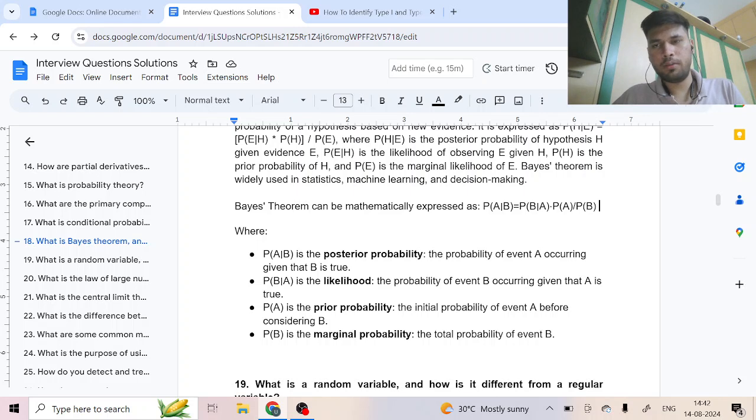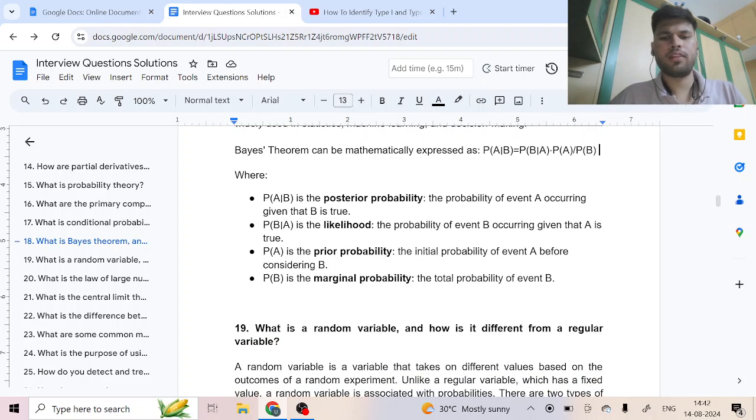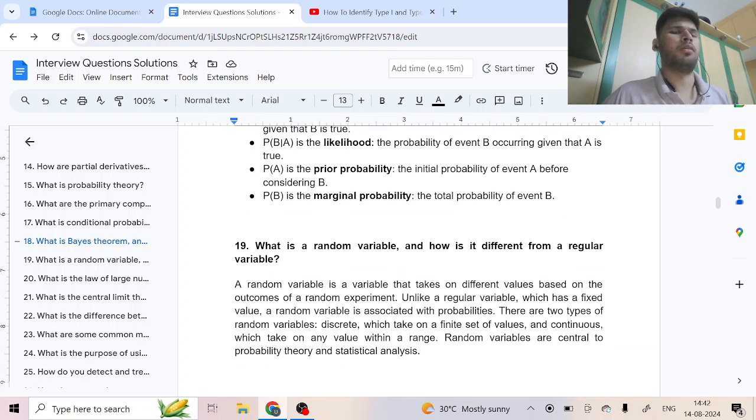You observe event B and determine how likely B is if A is true, which is the likelihood, P(B|A). Third is to update the belief. Updating the belief means the posterior probability. Using Bayes theorem, you combine the prior probability and likelihood to calculate the posterior probability. So this is the concept of Bayes theorem.